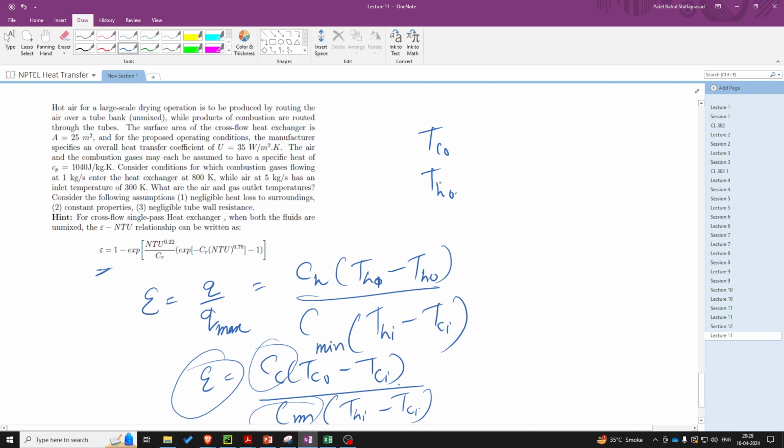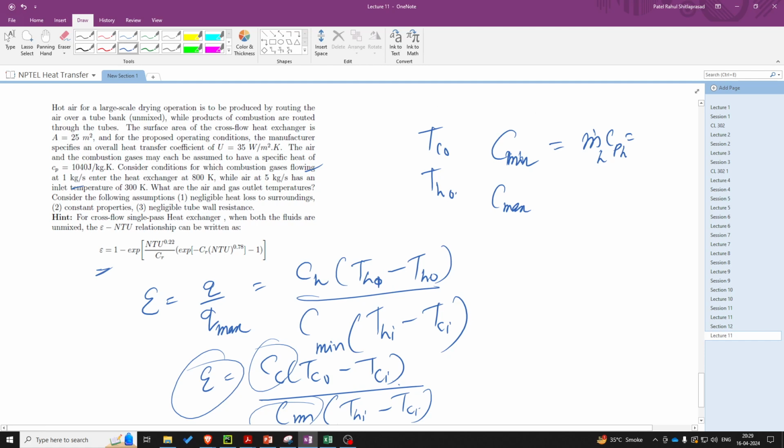So first step is to calculate C minimum as well as C maximum. So let's just consider this will be m dot Cp of what fluid. So since the mass flow rate is 1, combustion gases has the mass flow rate of 1, and their Cp is 1040.